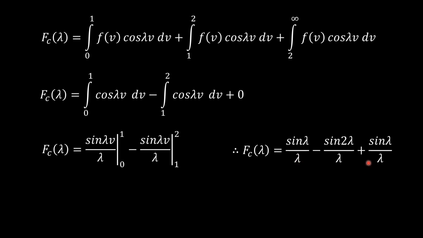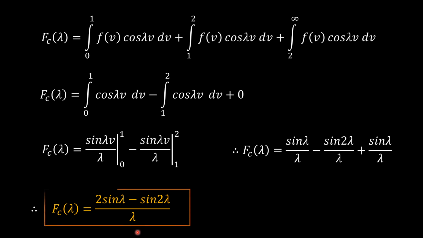Now these two terms are same with same sign, so there will be addition, and therefore epsilon lambda is equal to 2 sin lambda minus sin 2 lambda upon lambda. So see, this is the representation, or the transformation, of the given function f of x into the frequency domain.